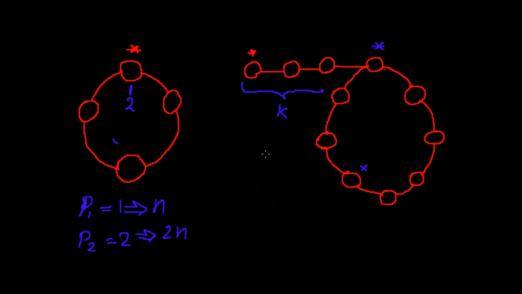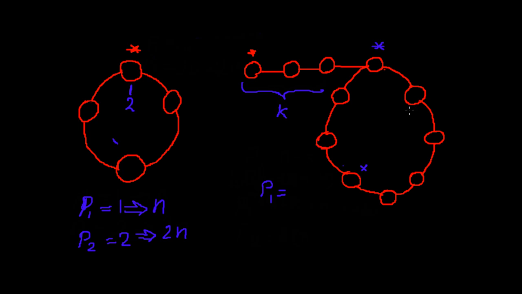Now let's see if it makes sense in some kind of formula. It's not a complete formula, but in some kind of formula. So let's say we are talking about P1, and before I continue, let me tell you that the length of this circle, this path, is n. So it's not the length of the whole linked list.